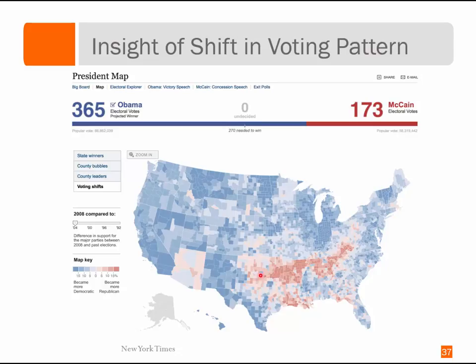So we see a couple of patches through this particular part of the country: Arkansas, Tennessee, a number of other states. We see some down in Louisiana as well. Those counties became more Republican, where you see a lot of other places in the country became much more Democrat. So this gives you a sense of what's changing, what's shifting in the country.